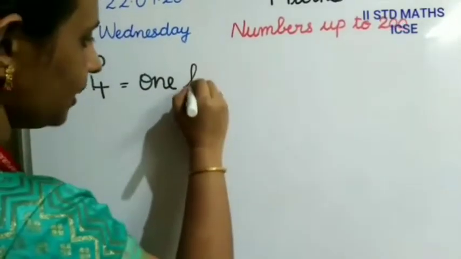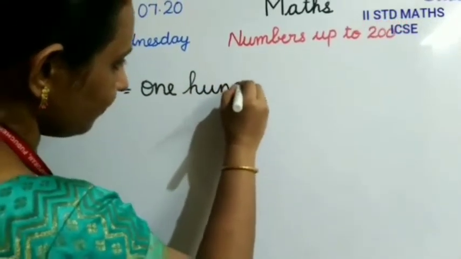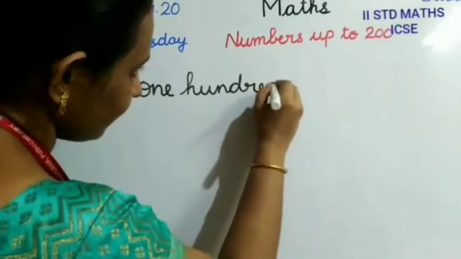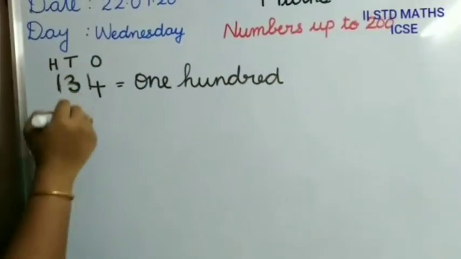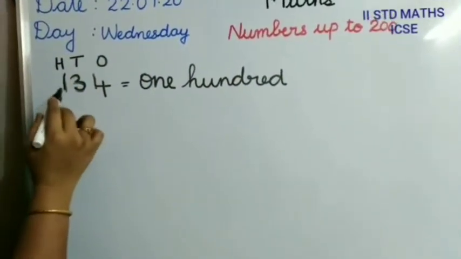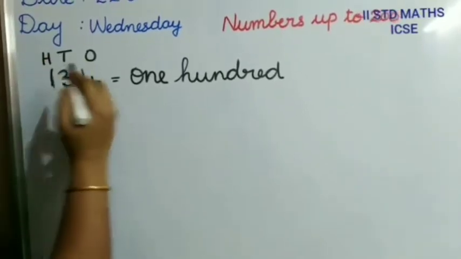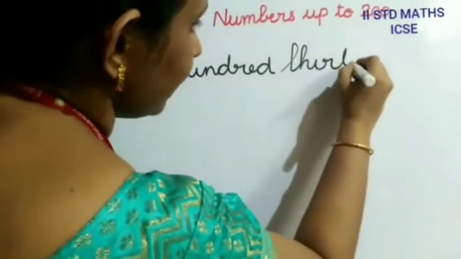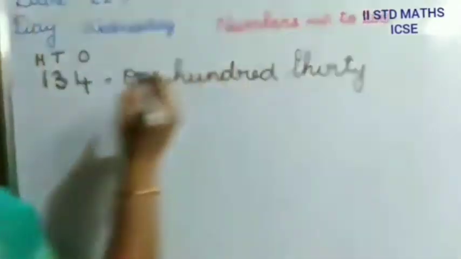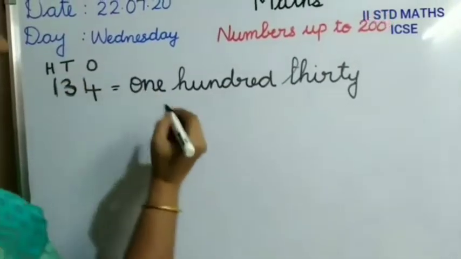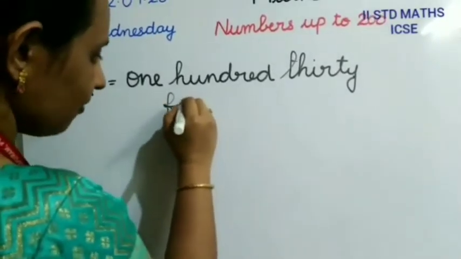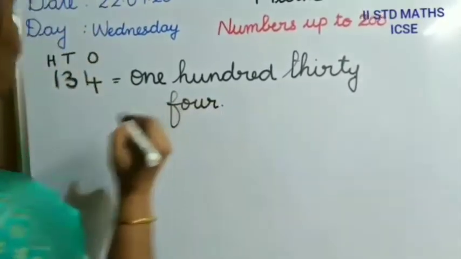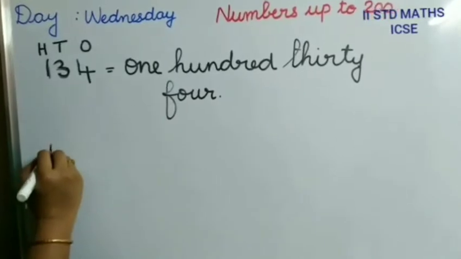So 100. Then the tens position, how many tens are there? That is 30. T-H-I-R-T-Y, 30. Then how many ones? Only 4. What is the spelling of 4? F-O-U-R, 4.